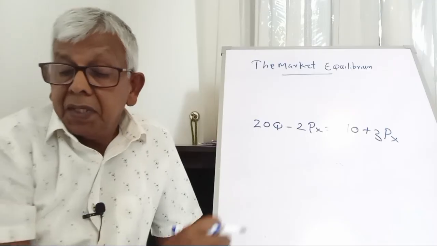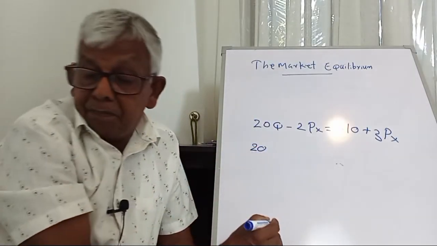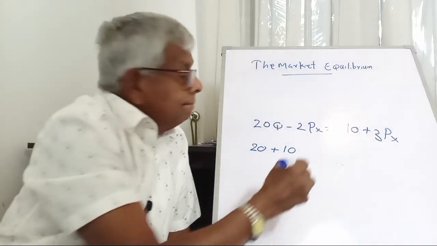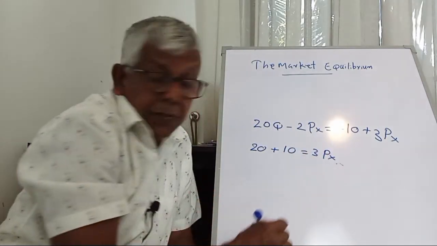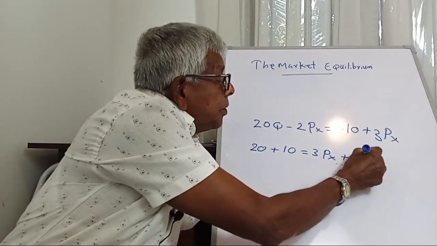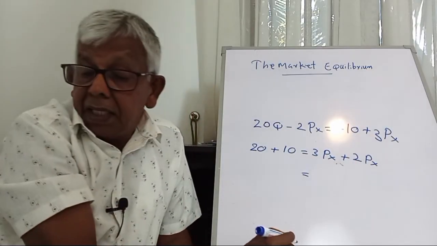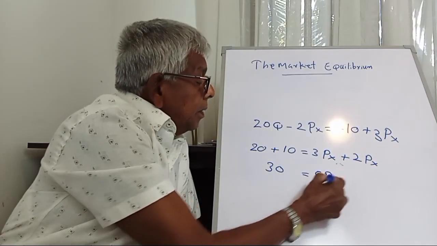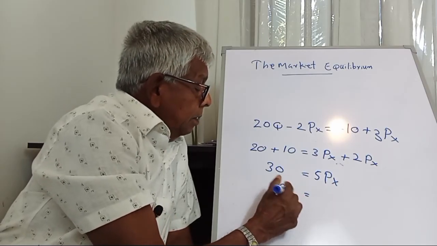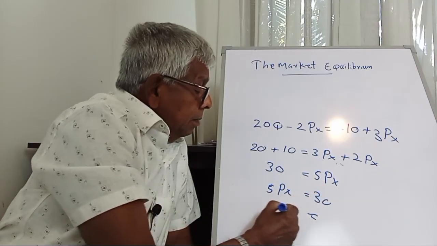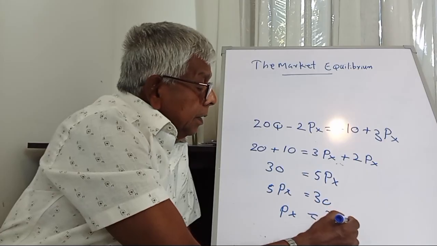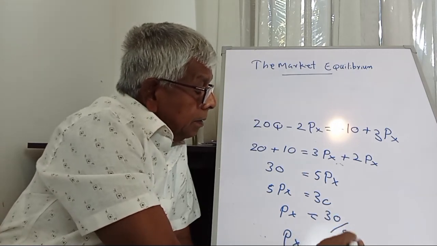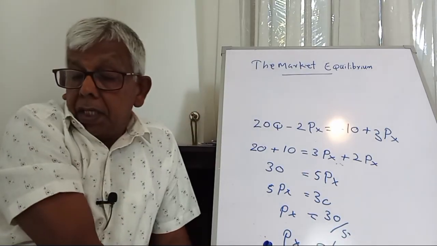Now 20 plus 10 equals 3Px plus 2Px, and here 30 equals 5Px. So 5Px equals 30, Px equals 30 divided by 5, Px equals 6.